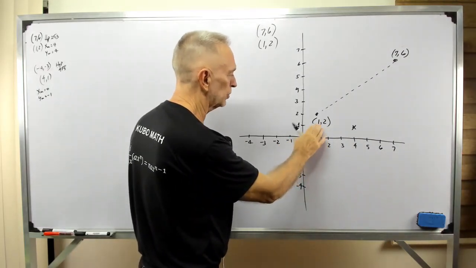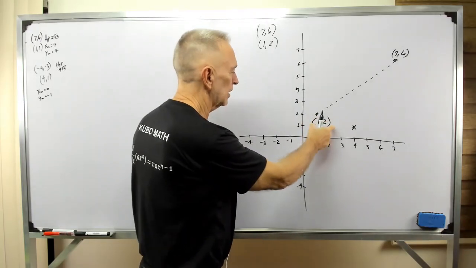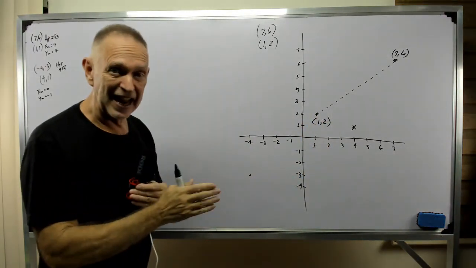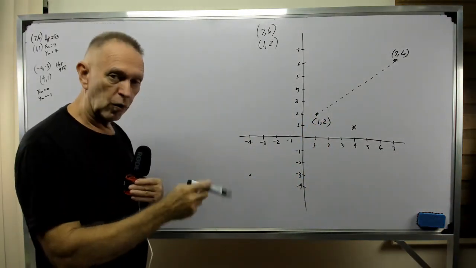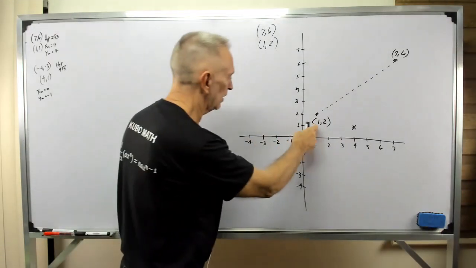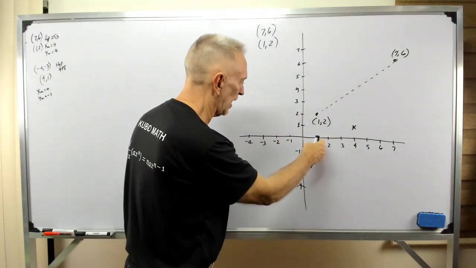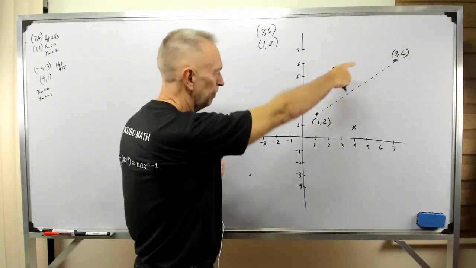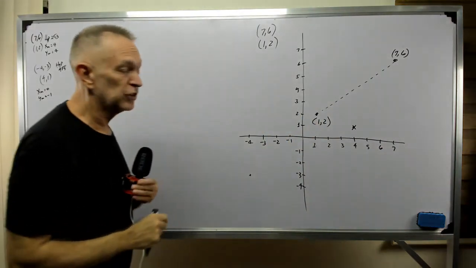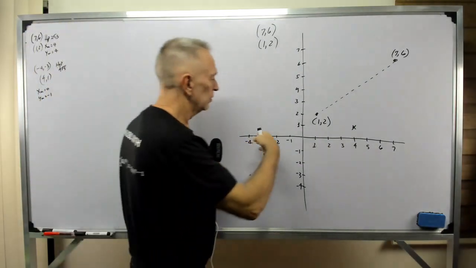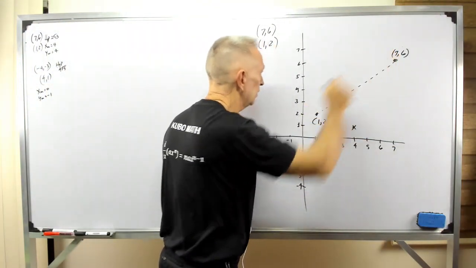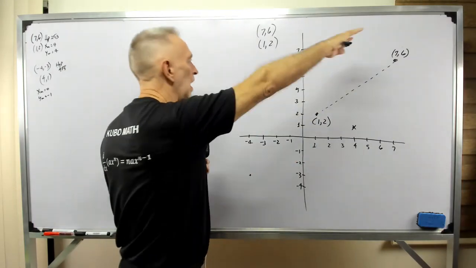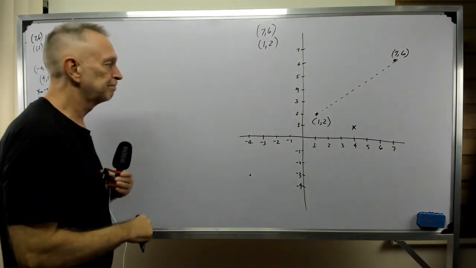In a set of parentheses like that, the X coordinate is always listed first, and then the Y. So 1 value of X, 2 value of Y puts us at that point. The other point is (7, 6). So X is 7, Y is 6. There's a line drawn between the two.